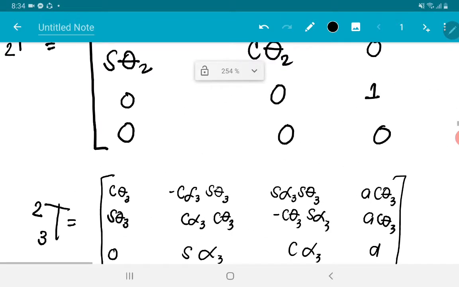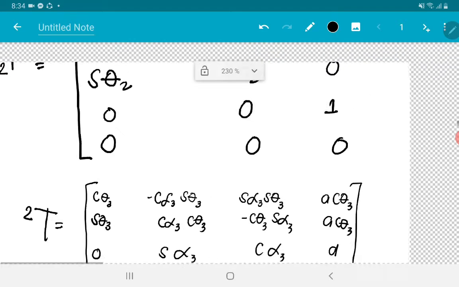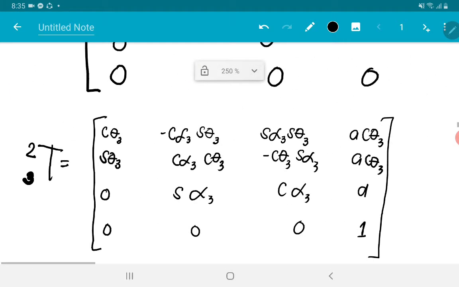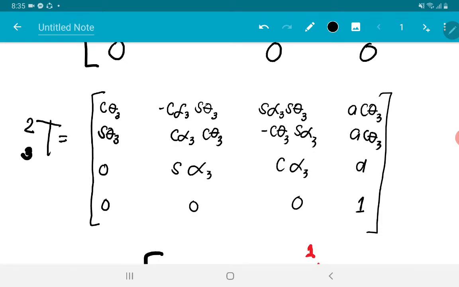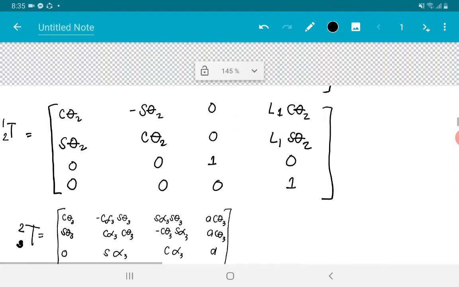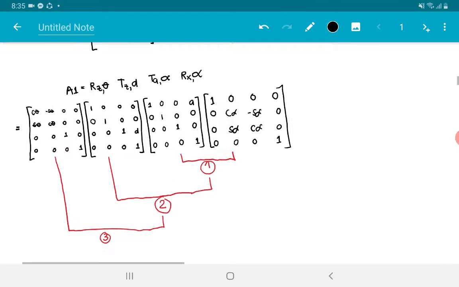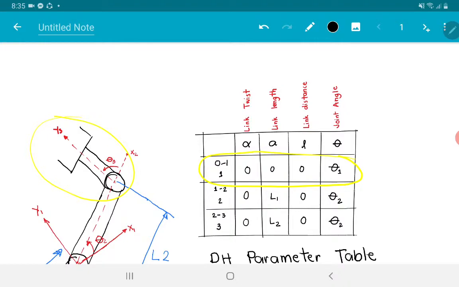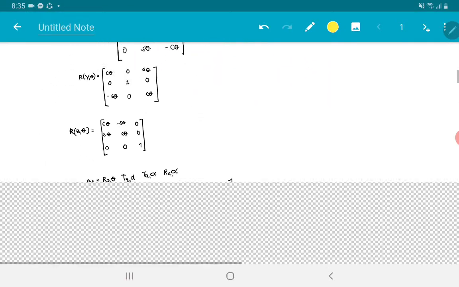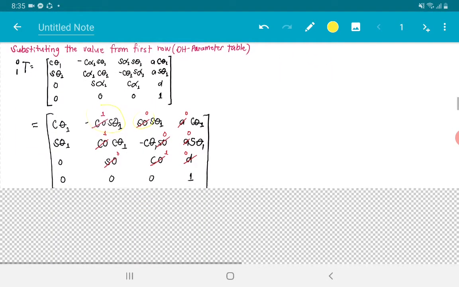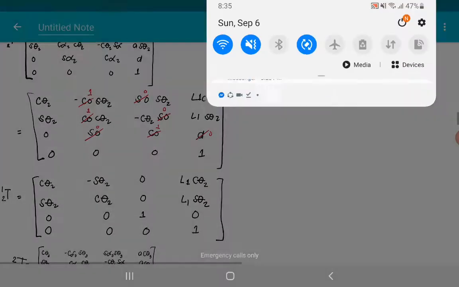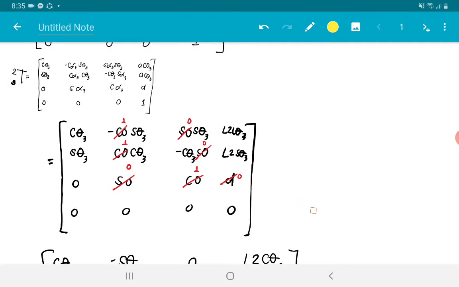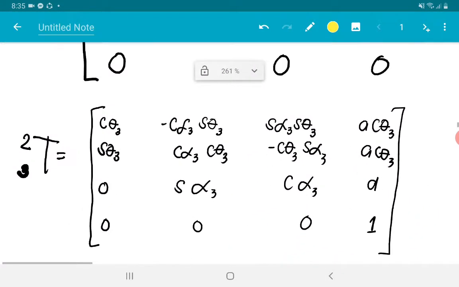So again, doing the same equation or same matrix, substituting this to the third frame, we are done with the substitution of the second frame. So now substituting this to the third frame, we can have this matrix.